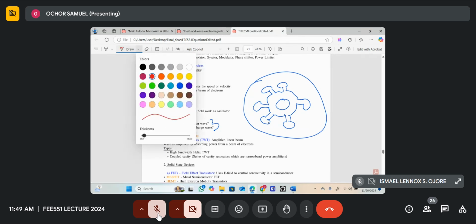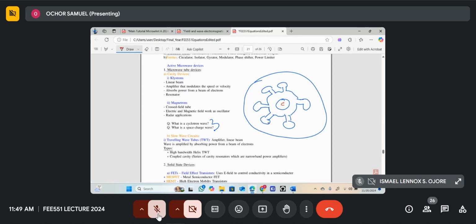This is the cathode, and this part is the anode region.